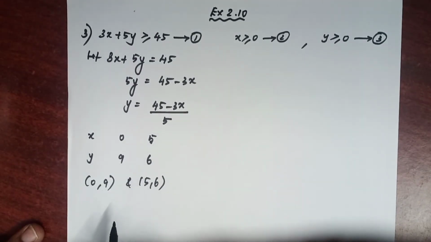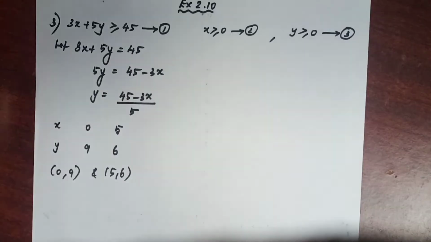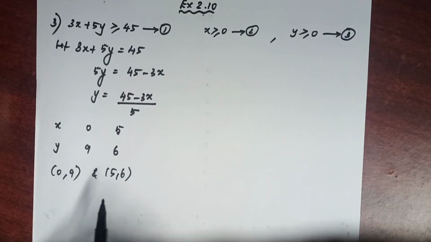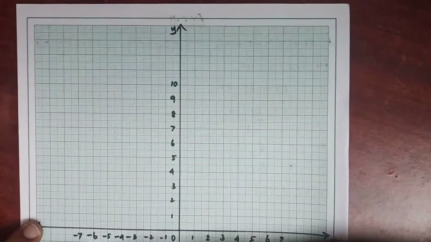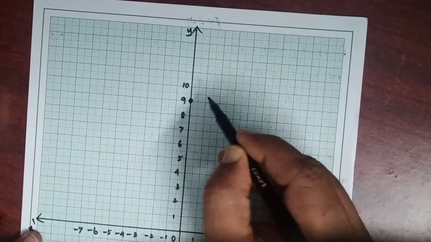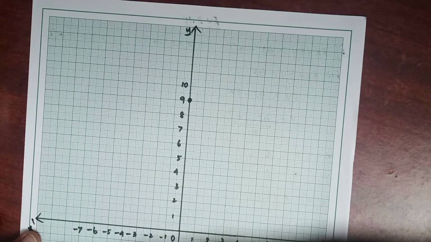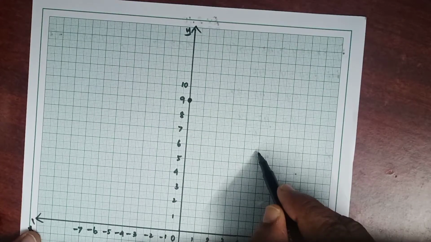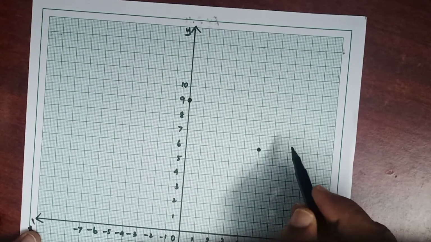Now I am going to plot the points in a graph for tracing a straight line. First point 0, 9 and 5, 6. 0, 9, here it is. 5, 6: 5 in x-axis, 6 in y-axis. Here is the point 5, 6.